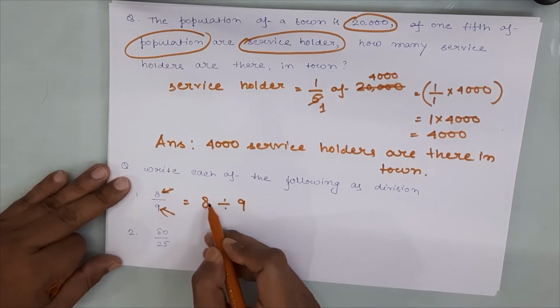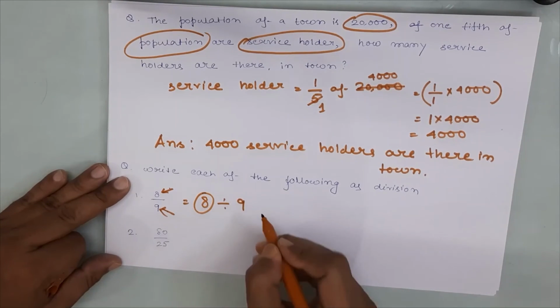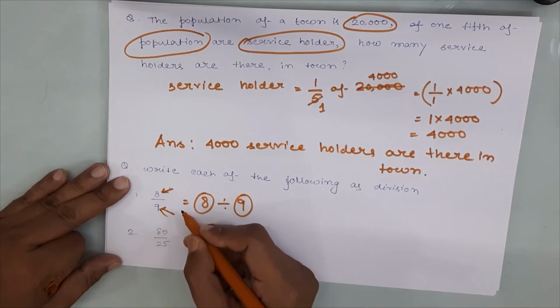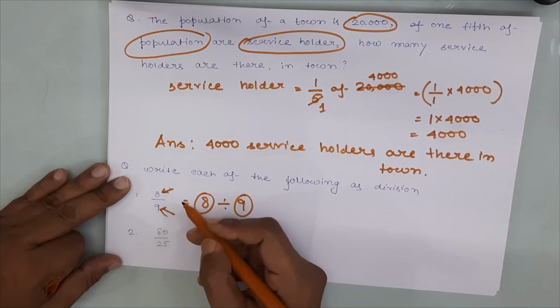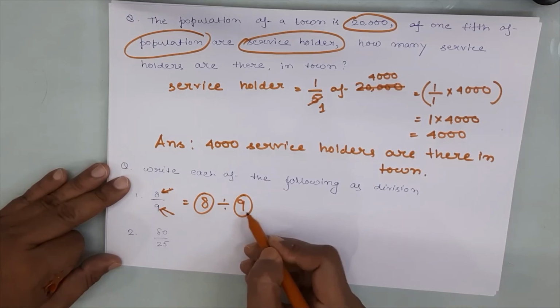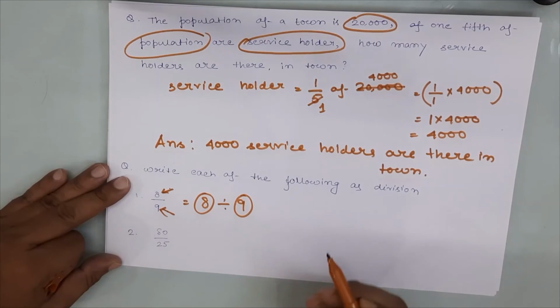So 8 is your dividend and 9 is your divisor. At the time of representing this fraction, we also call it 8 by 9, so 8 divided by 9. It's pretty simple, isn't it? The numerator is being divided by the denominator.